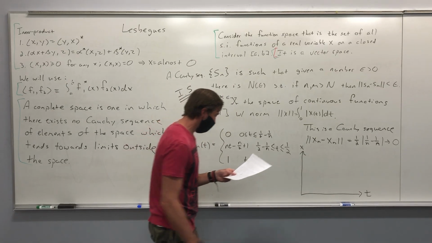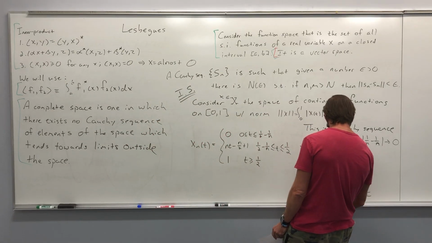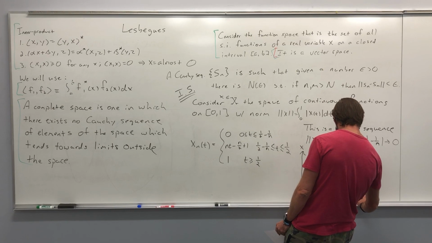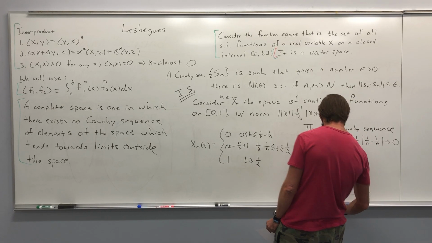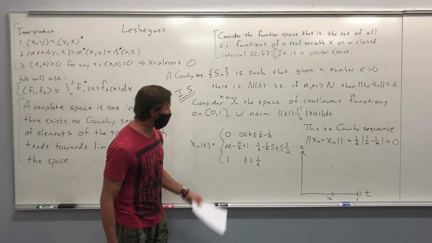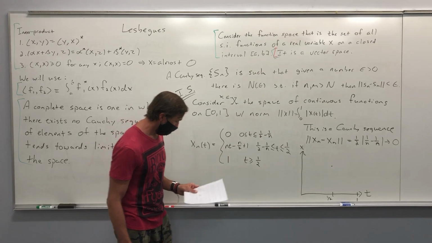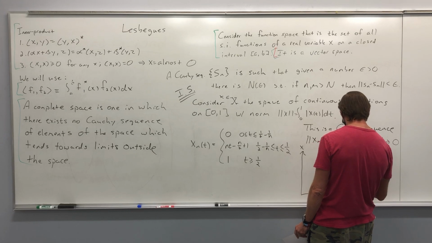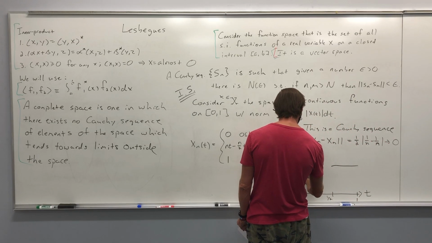Okay. So first of all, the point t equals 1/2 plays an important role. And what we find is if we're larger than t equals 1/2, then the function just sits at 1.